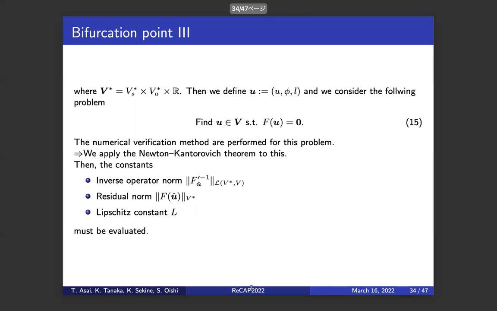And then we define the solution bold U, which includes the symmetric solution and asymmetric solution phi and parameter f. And we consider this problem.